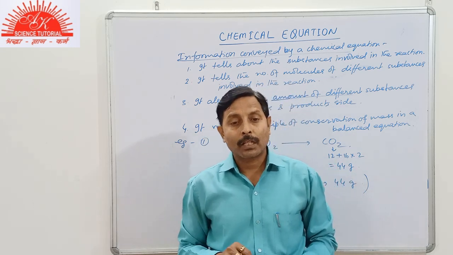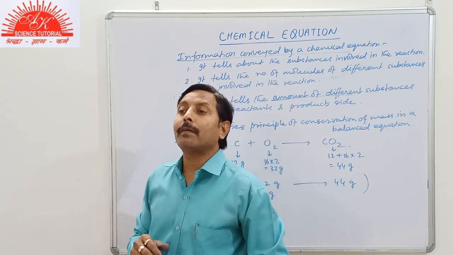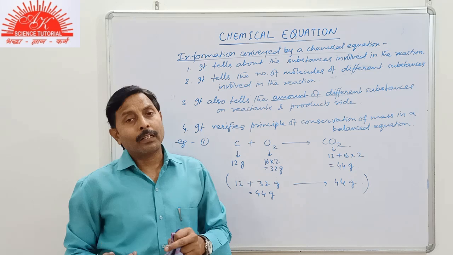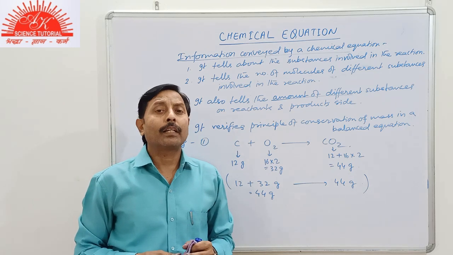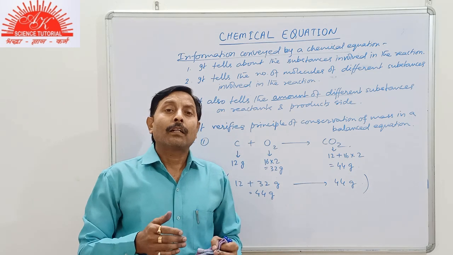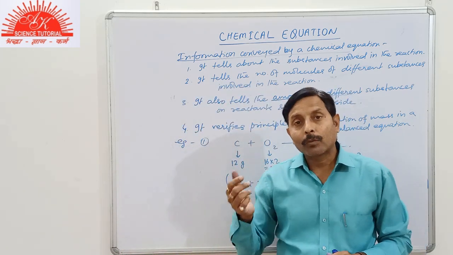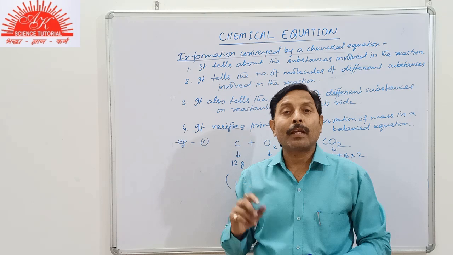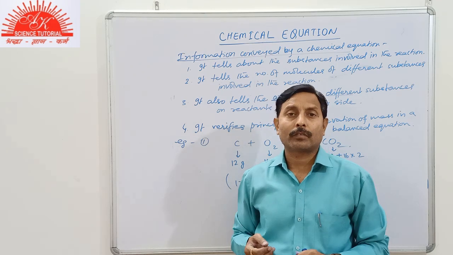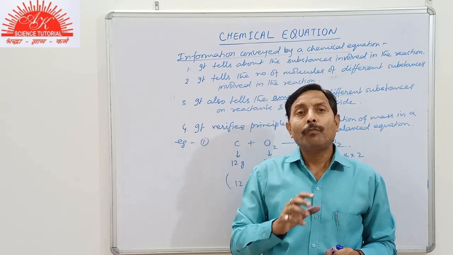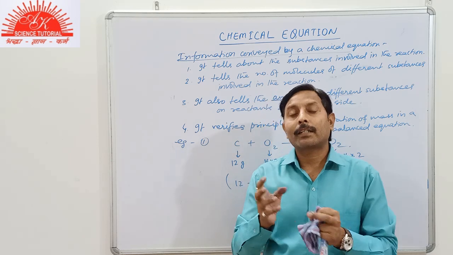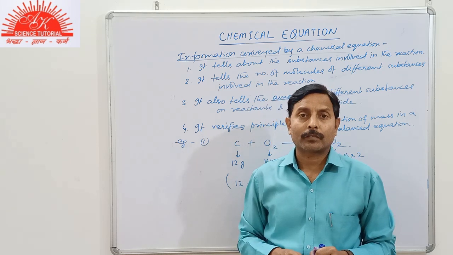Balancing of chemical equation. Now, there are several methods given in higher classes in your books, like hit and trial method, partial equation method, ionic equation method, and so on. In this part, we will just study the hit and trial method.